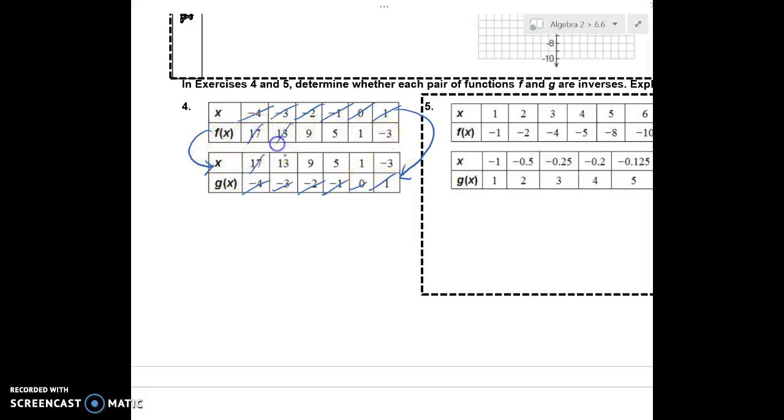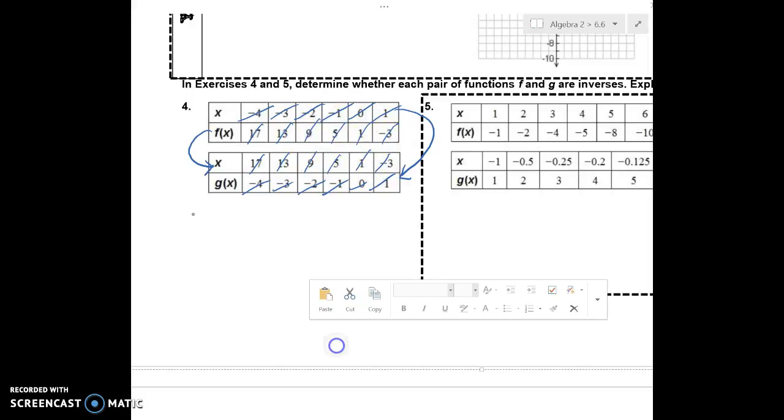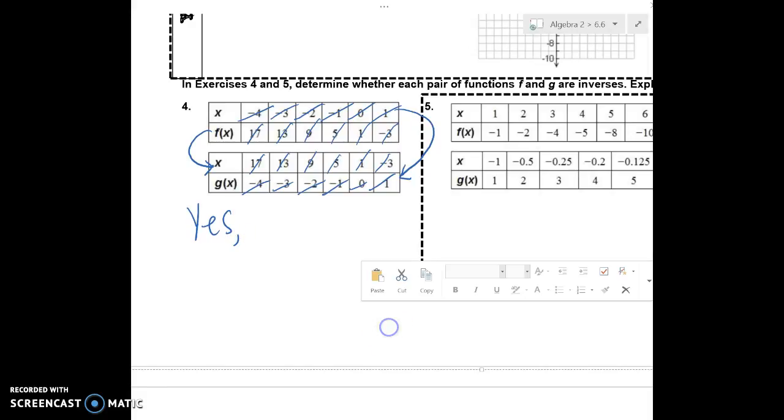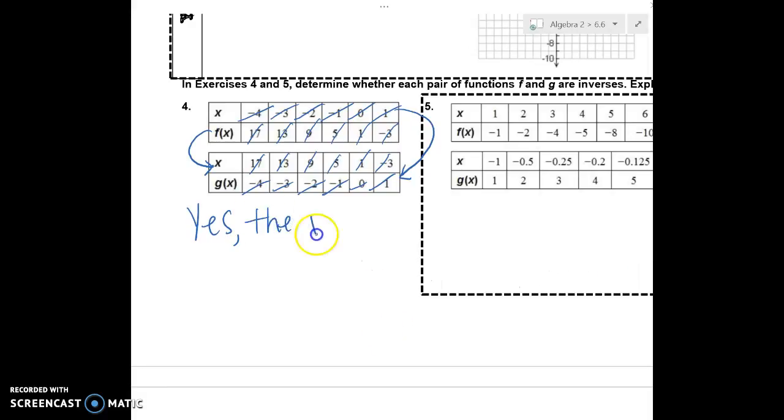Here they look the same, same, same, same, same, same. So the answer would be yes, they are inverses of each other because the x and the y coordinates are switched.